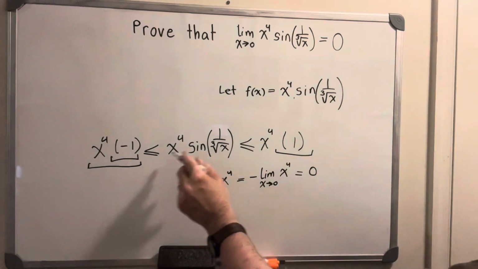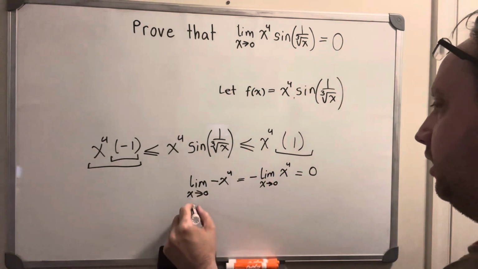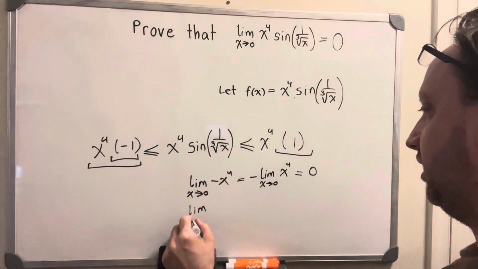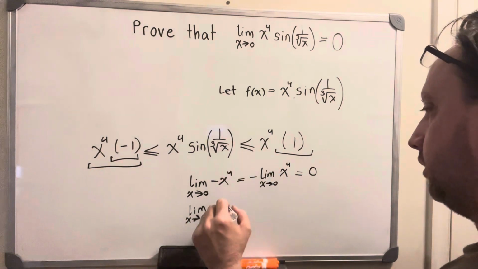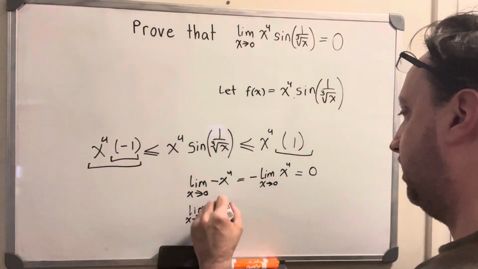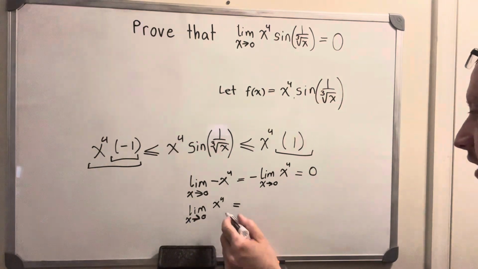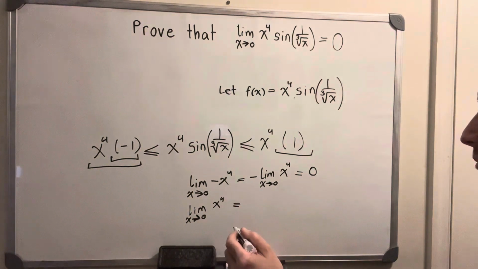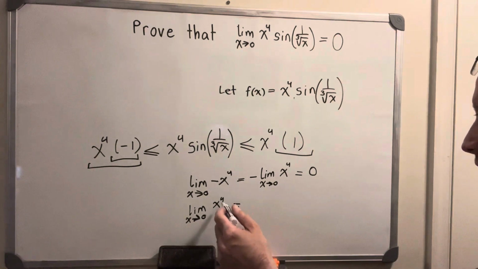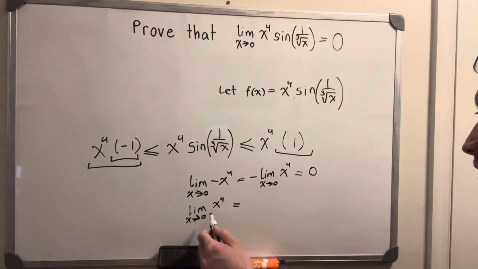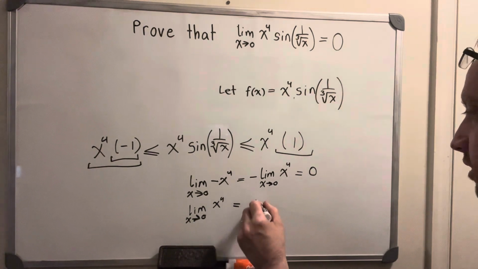Now, let's do the limit as x approaches 0 of x to the fourth times 1, or just x to the fourth. Once again, this is a very simple polynomial, and because of the polynomial theorem of limits, we can just plug in 0. 0 to the fourth is 0.